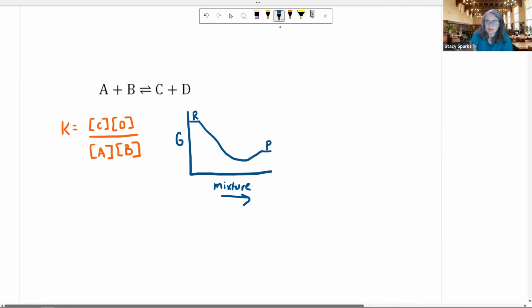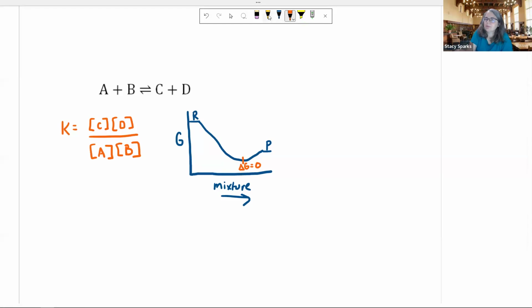This is showing you the free energy for each mixture, each component. So when the mixture is almost all reactants, we're right in here somewhere. It's still got pretty high free energy. As we move towards product, we see our free energy getting lower until finally we hit this point down here. And let's mark that point because that's our lowest free energy. And we're going to say delta G is 0.